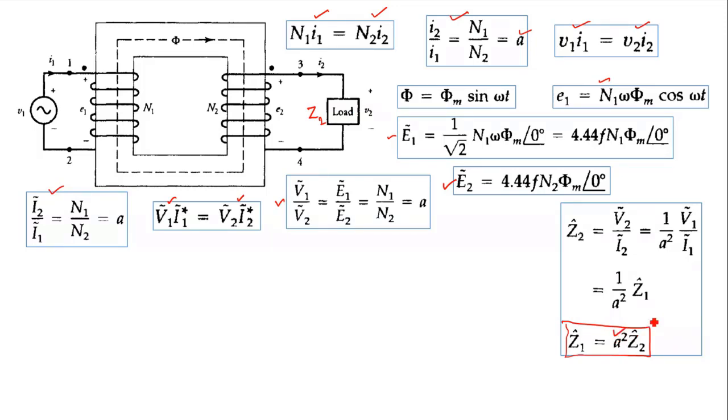A is nothing but N1 by N2, right? So already we have seen how to derive this. Similarly here, your Z1, when this impedance is transformed from primary side to secondary side, we can write Z1 by A square.